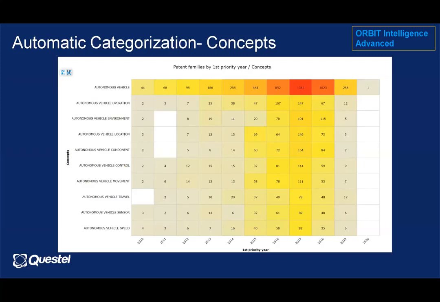So if you want the database to do the automatic categorization on the basis of concepts, you can view it in a heat map, which is very useful and very easy for you to understand the trend of those particular concepts, in how many patent documents the invention or the concepts have been mentioned throughout the years, and in which year it was at its peak.